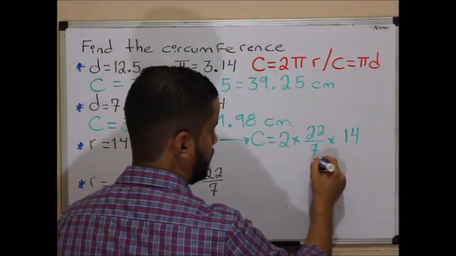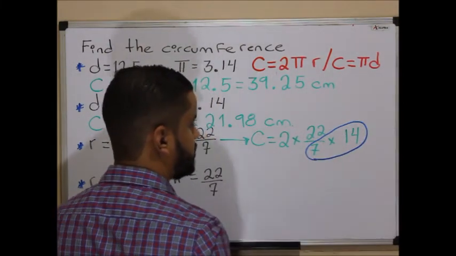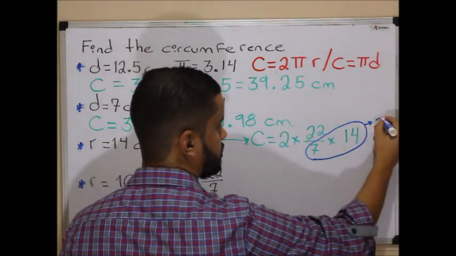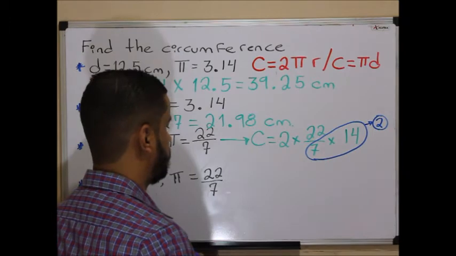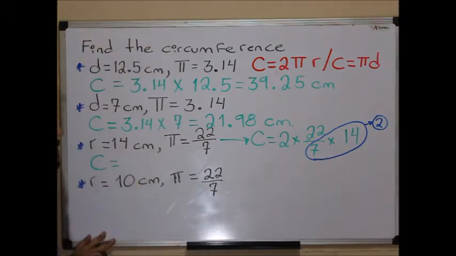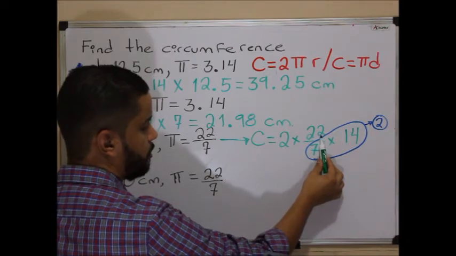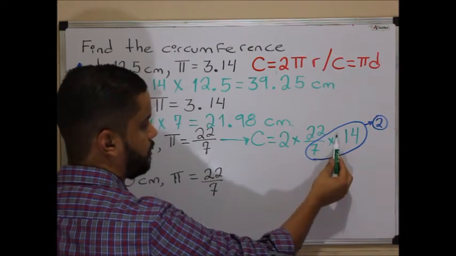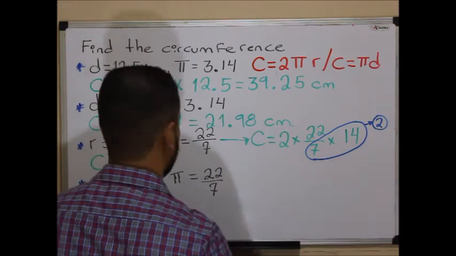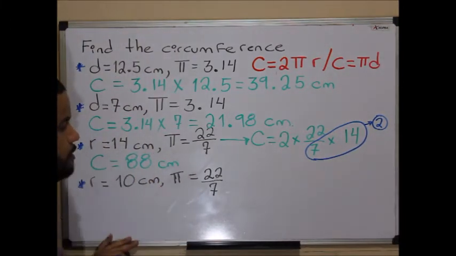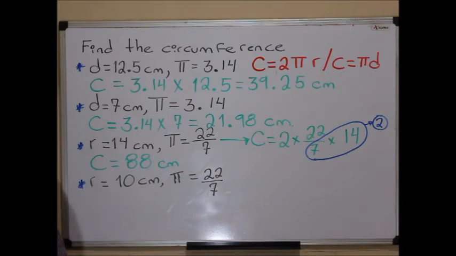We're going to divide the 14 by the 7, and 14 divided by 7 is 2. So now our circumference will be equal to 2 times 22, that will be 44. 44 times 2 will be equal to 88, and our unit, that are the centimeters.